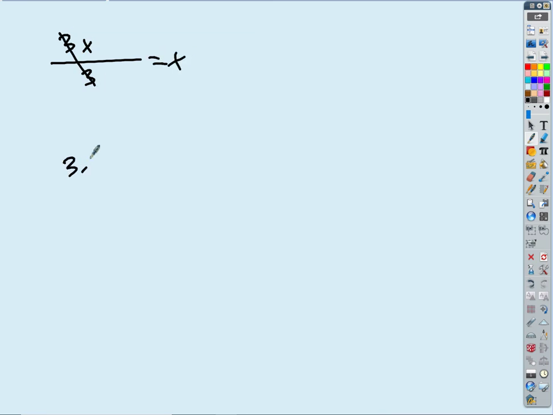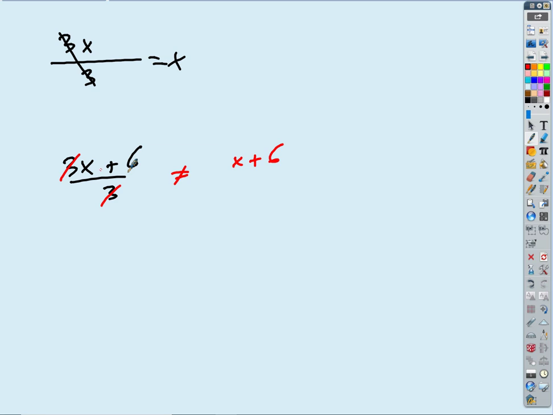How about this? What if I have 3x plus 6 over 3? Can I cancel those 3's? No, I can't. This I cannot do. That's not equal to x plus 6, right? How come? Because that 3 is not being multiplied by everything else on top. It's only being multiplied by one term on the top.